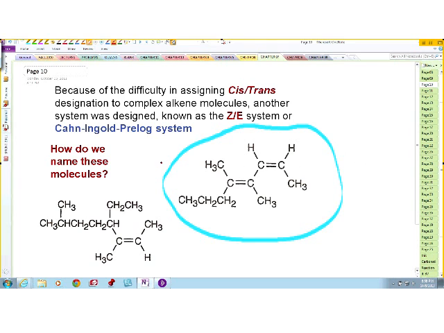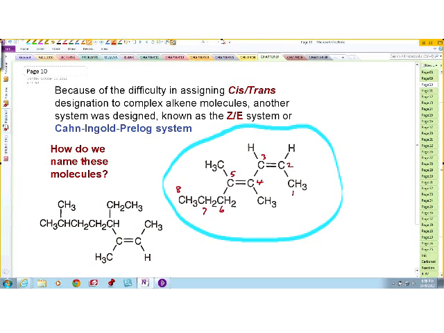We have to start numbering from here, from right or from left? Right. From right? Okay. So this is 1, 2, 3, 4, 5, 6, 7, and 8.